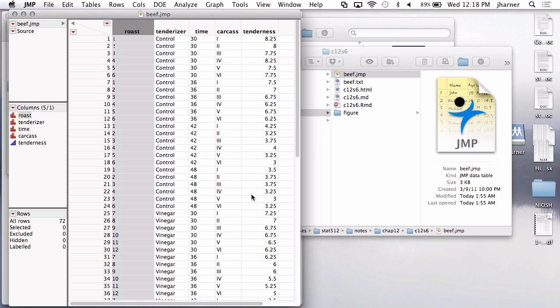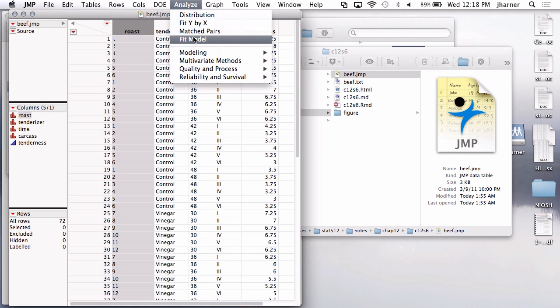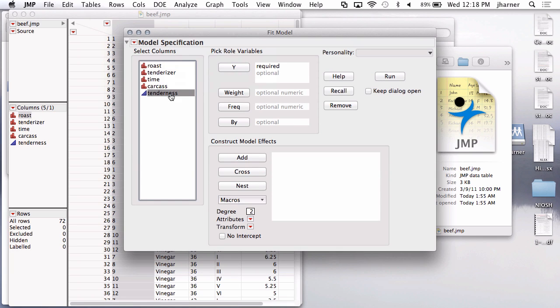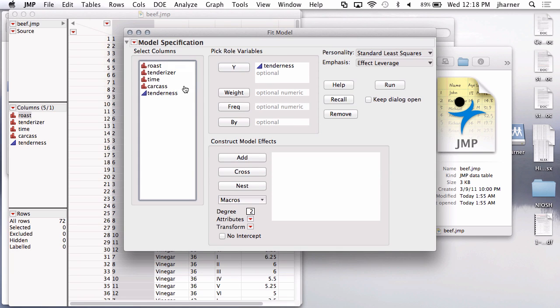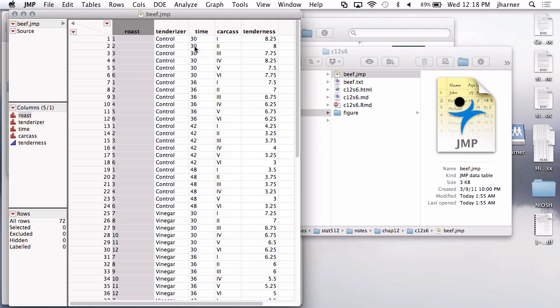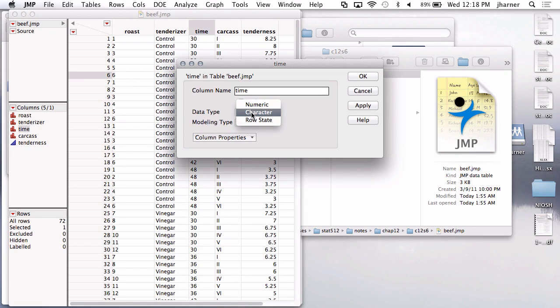So how do we build the corresponding model? Well, I go to Analyze and I say Fit Model. And of course, tenderizer is my outcome variable. I had already changed time. Originally time was justified to the right because it was considered numeric, and I went in here and changed it to character.